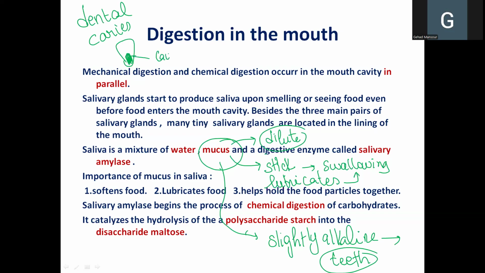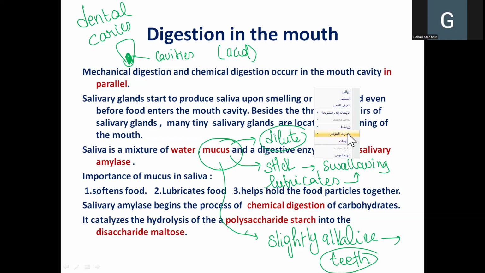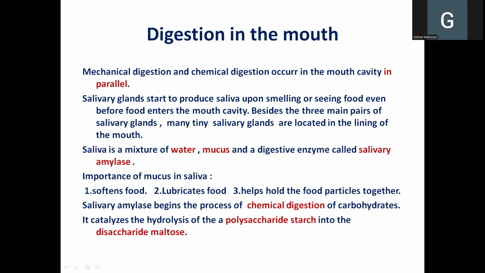Dental caries are due to acid produced by the bacteria in your mouth. So mucus, by being slightly alkaline, protects the teeth against tooth caries or cavities.